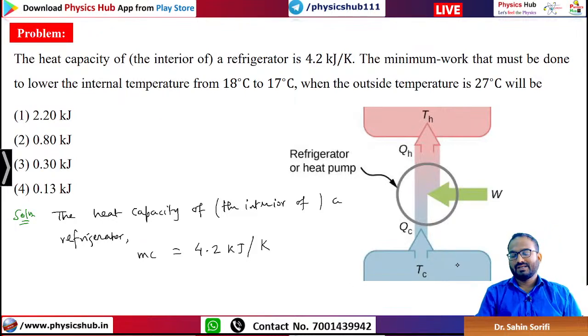So what is our target? Our target is to reduce the temperature from 18 degrees centigrade to 17 degrees centigrade. So what amount of heat do you need to extract in doing so?